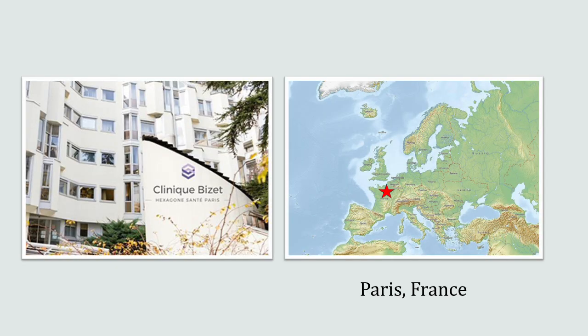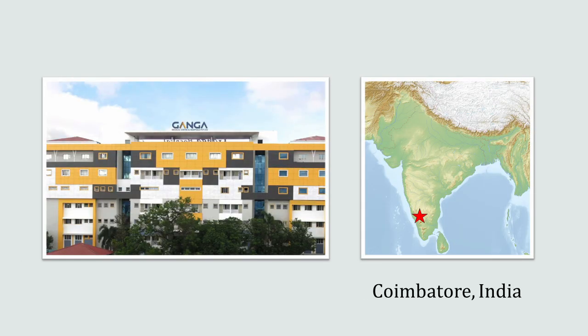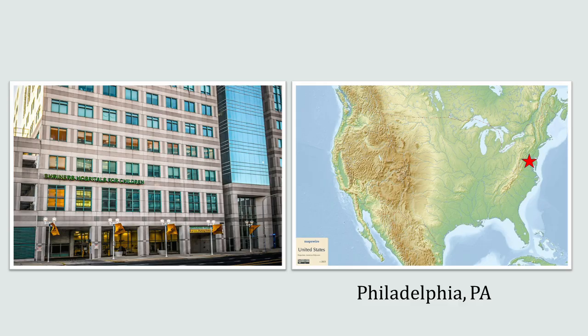I then spent some time in Paris working with stroke and tetraplegic patients, as well as southern India. And then lastly, I did a pediatric fellowship where I worked with children who had spinal cord injuries, cerebral palsy, and various other nerve and growth conditions. And as much as I learned about surgery during this time, I really learned more about the resilience that this population has. And it was really easy to develop a passion for this line of work.